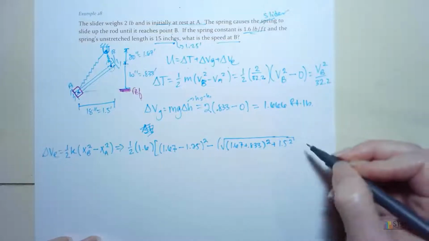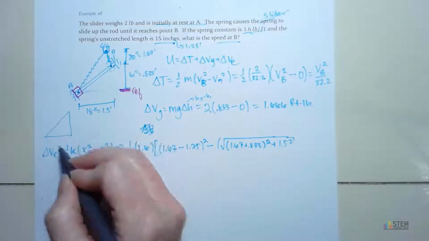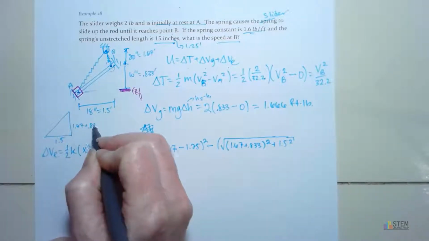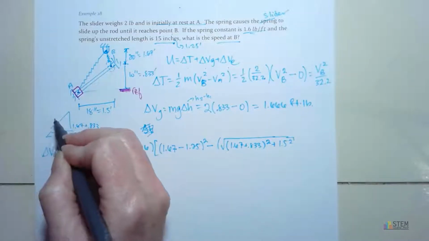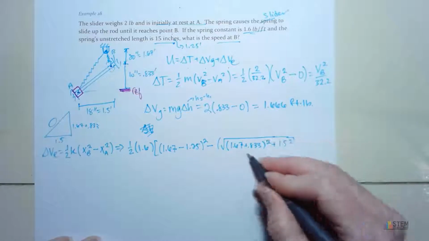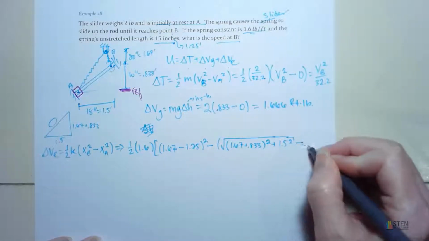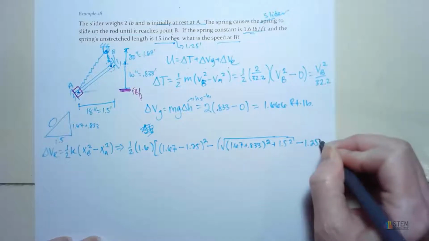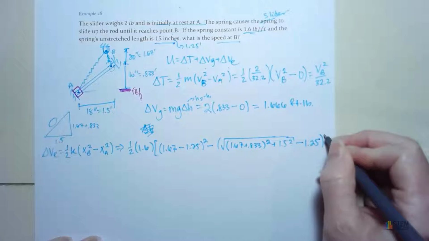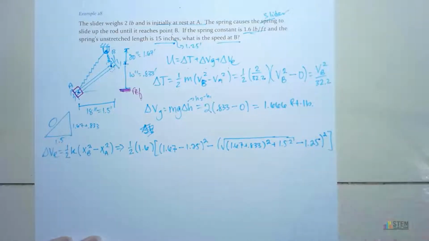So basically we use that right triangle, and I'm wanting to find this value here. That gives us the length of the spring at A, and then I want to subtract the unstretched length. So subtract the 1.25, close that parentheses, square that, and then close the bracket.